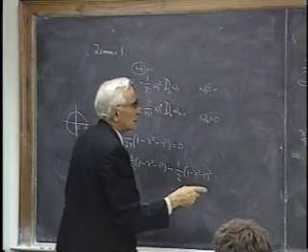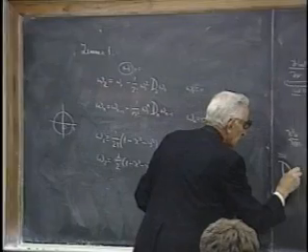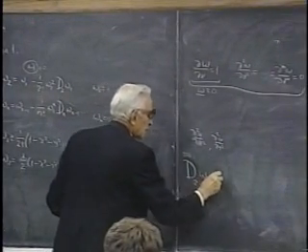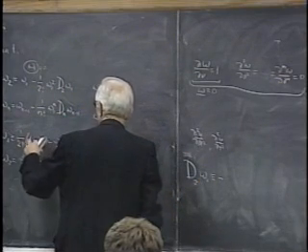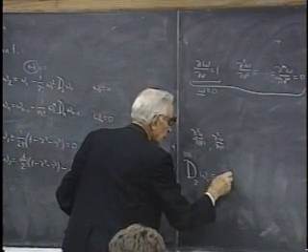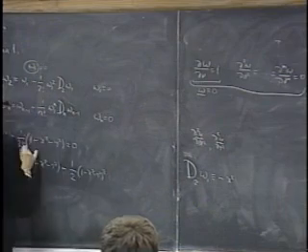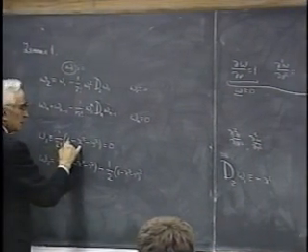And d2 omega 1 will be minus 1, and for omega, the derivative according to x will be minus x, and in square, it will be x squared.